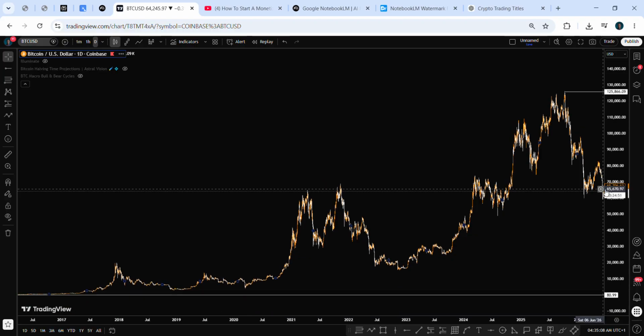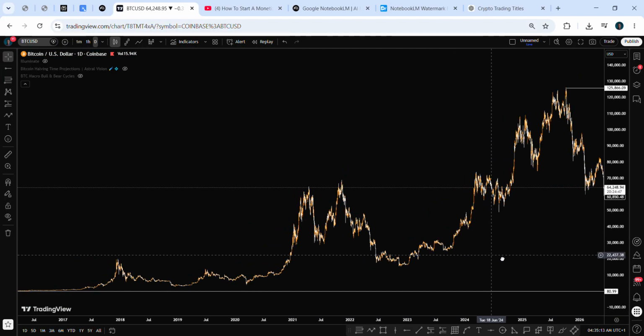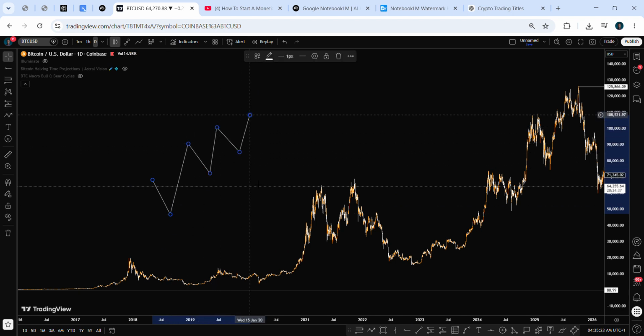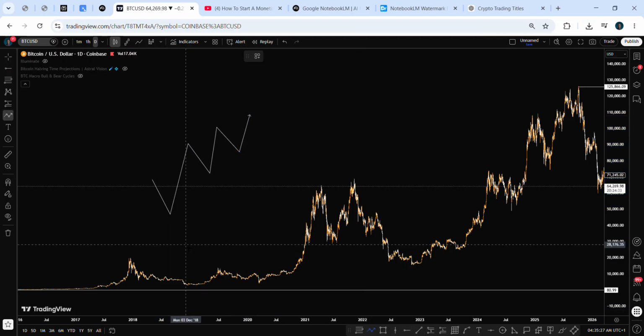If you understand the basics of trading very well, you will know that anytime price is creating higher lows and breaking structure to the upside, it means price is bullish. Price is going up.